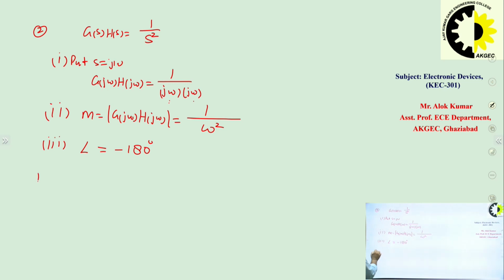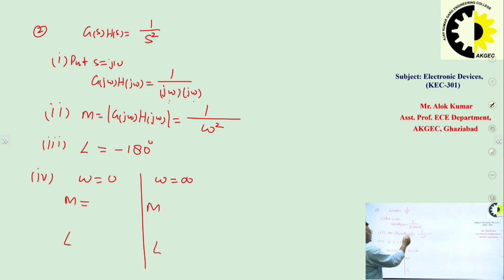Now in fourth step, put omega is equal to 0 and omega is equal to infinity, and find the magnitude and angle. At omega is equal to 0, magnitude will be infinite, angle will be minus 180 degree. Again, when you put omega is equal to infinite, magnitude will be 0 and angle is minus 180 degree.